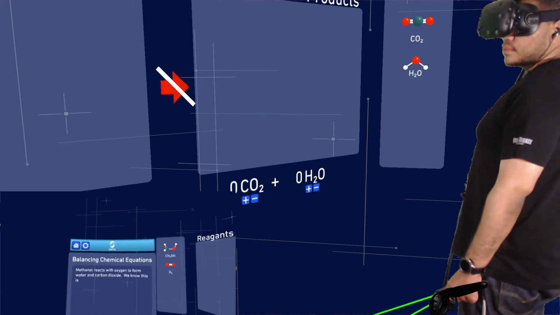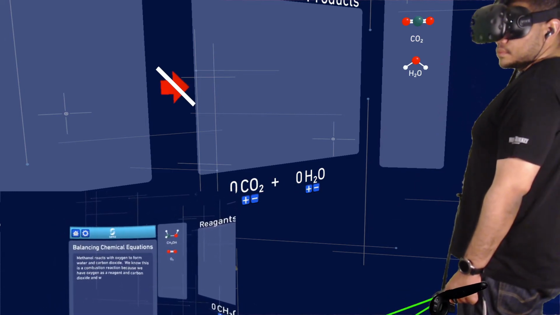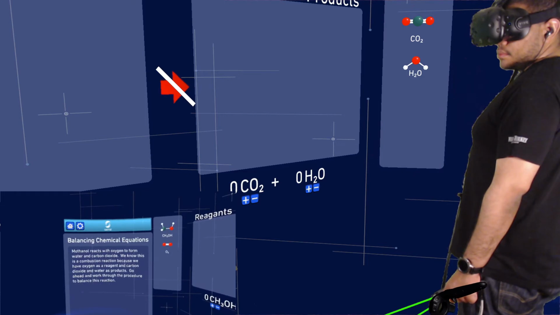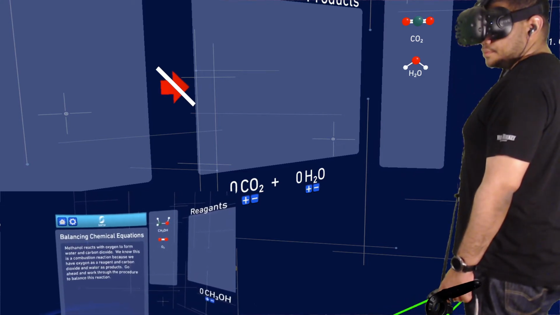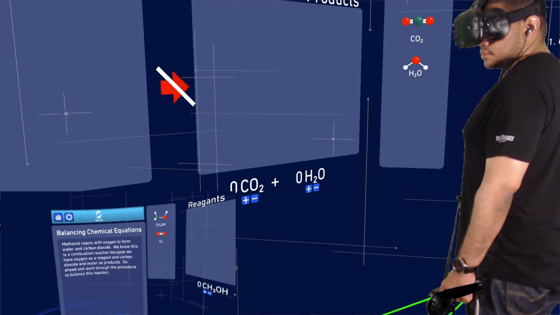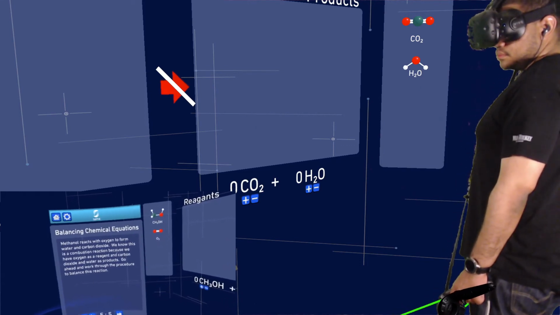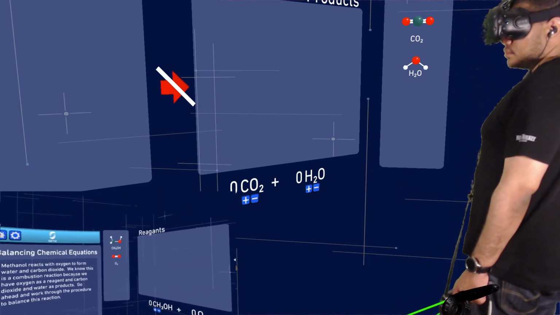Methanol reacts with oxygen to form water and carbon dioxide. We know this is a combustion reaction because we have oxygen as a reagent and carbon dioxide and water as products. Go ahead and work through the procedure to balance this reaction.